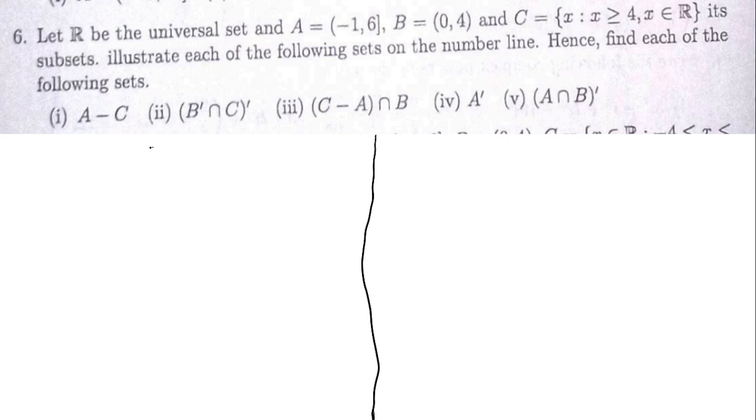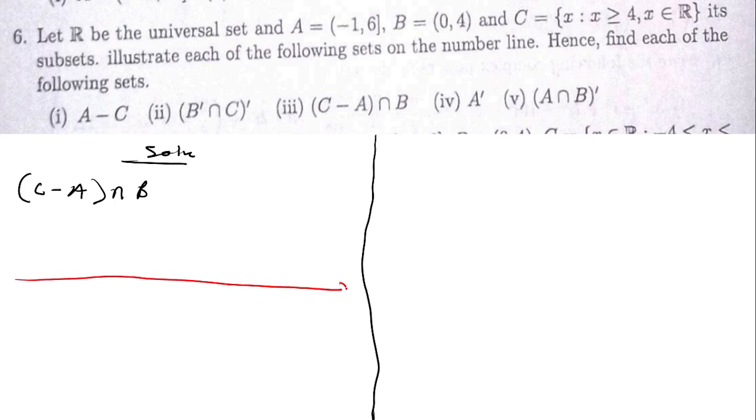So I'll write solution like always. Then this one is saying C minus A open brackets intersection B. So what I'll do here, I'll simply indicate a number line. So I'll have my number line like that.